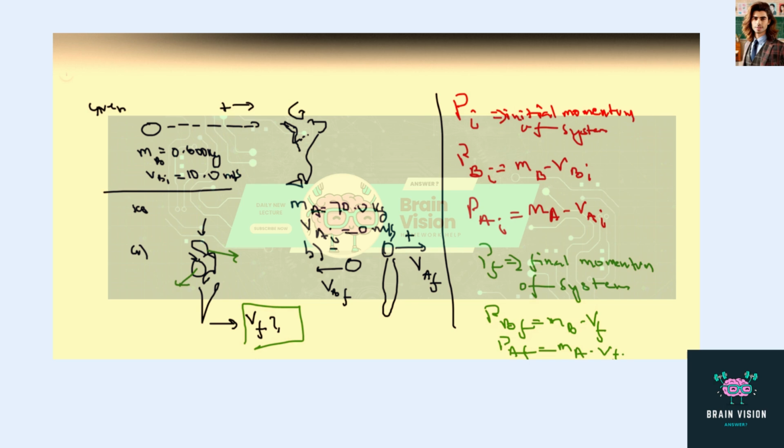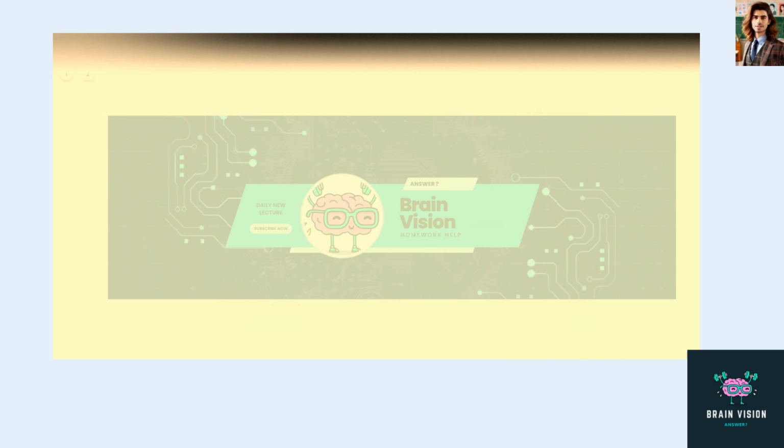We're using the law of conservation of momentum on the second page. The law of conservation of momentum says that the final momentum of the system equals the initial momentum of the system.